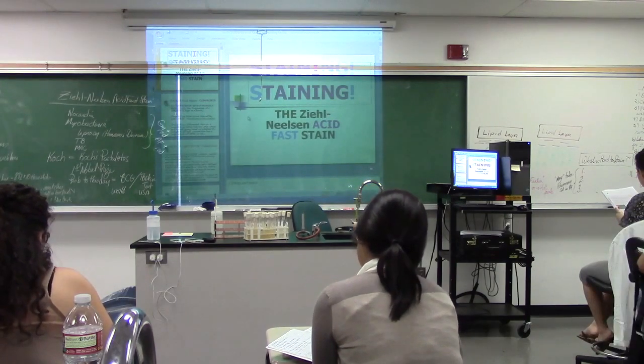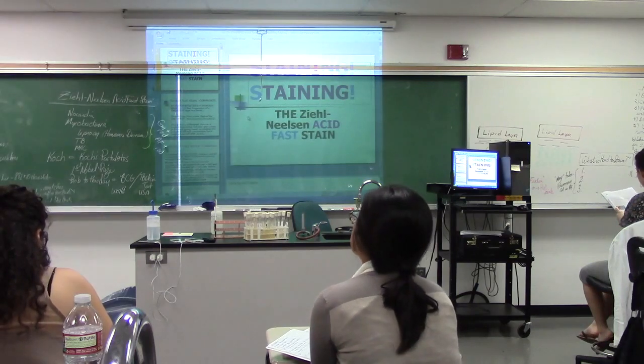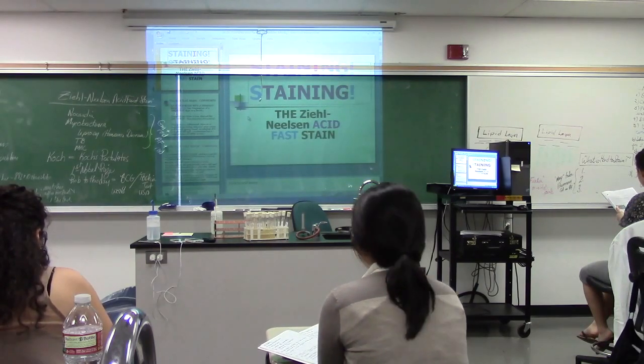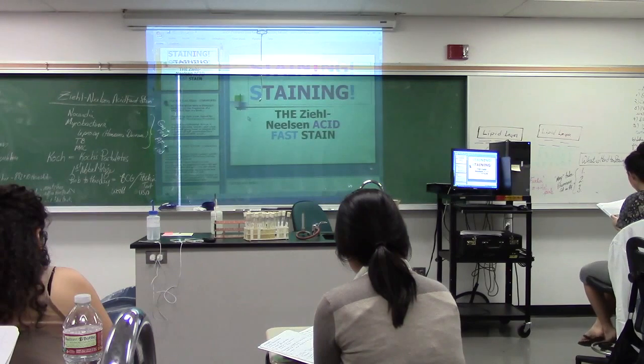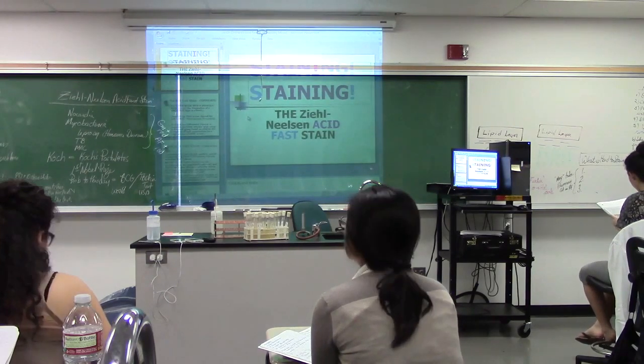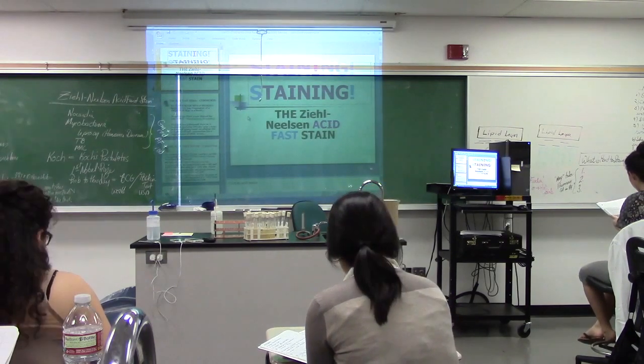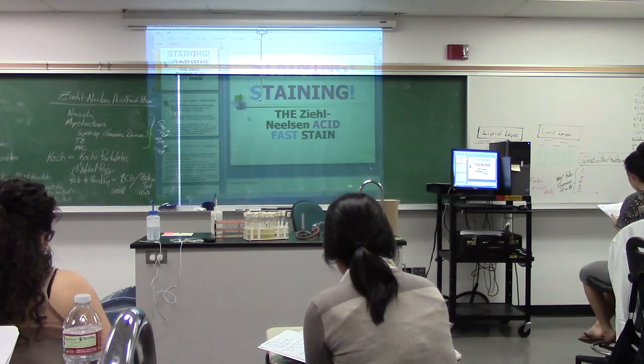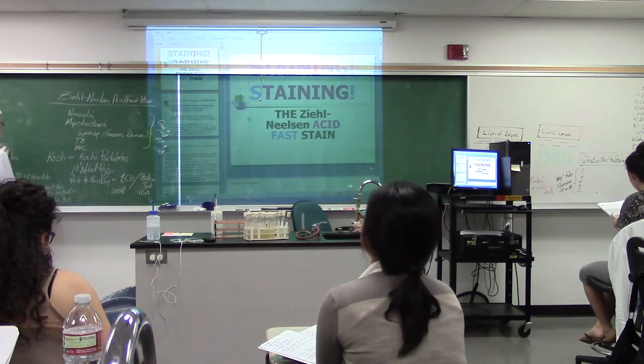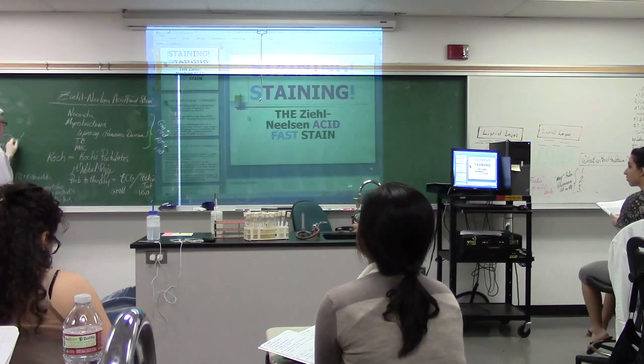Then after our little lecture, we're going to have a pop quiz on the acid-fast stain. And then we're going to do lab for 2.5 to 3 hours on acid-fast staining. If you finish, you can go back and pick up anything you missed on the gram stain or the negative stain.